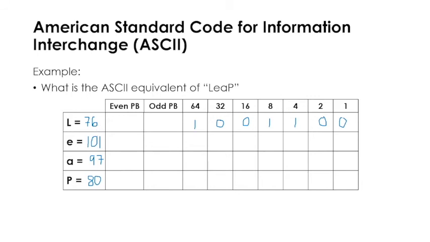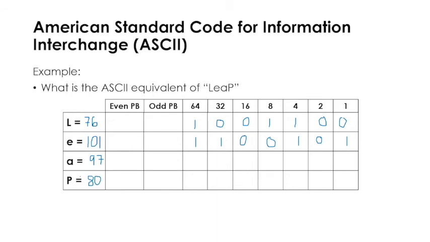Next, we have letter E. Its ASCII code is 101, so it will be equal to 1, 1, 0, 0, 1, 0, 1. And again, 64 plus 32 plus 4 plus 1 is equal to 101.